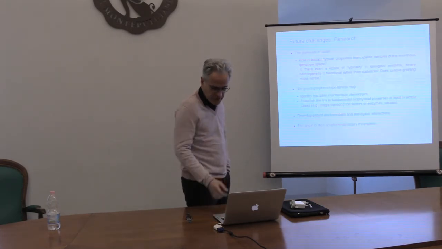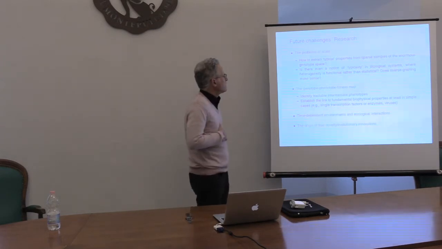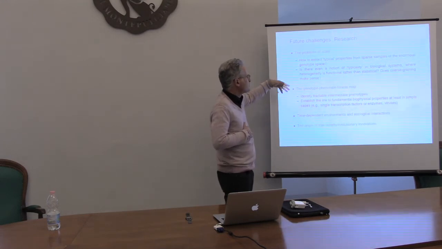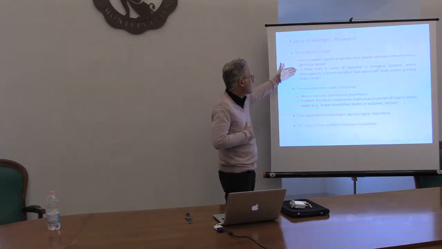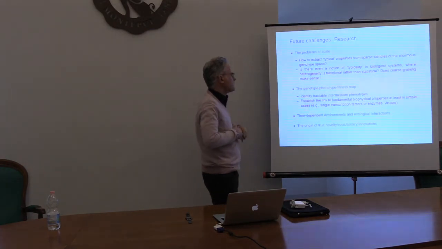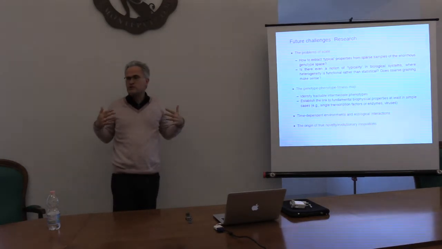There are some challenges in terms of research. So there's something that I broadly call here the problem of scale. So of course the sampling of the space of genotypes is always very sparse. And I think an important issue here is the heterogeneity of biological systems. So what I say here is that in biological systems, the heterogeneity is functional rather than statistical. What we're used to is being able to coarse grain, right?